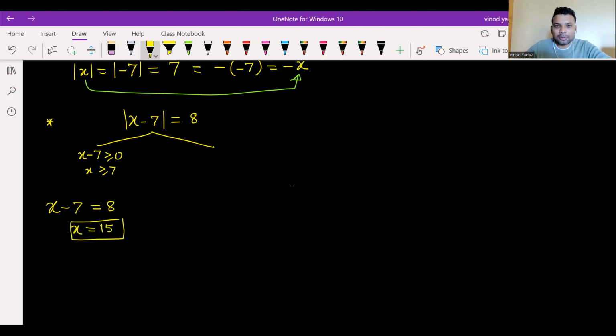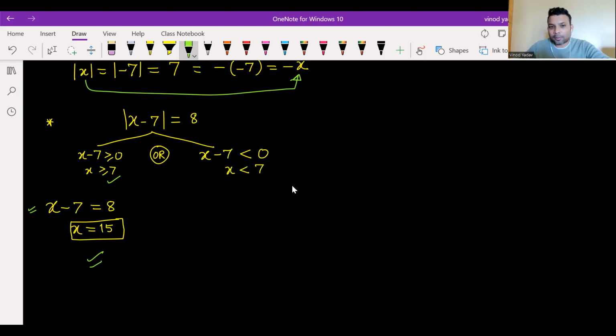Is it acceptable? Yes, it is. Now we were expecting x to be more than or equal to 7, and we got 15. This is perfectly in sync with our assumption under which we opened the mod as it is. This is perfectly fine. Second case: x minus 7 is negative, that is, we expect x to be less than 7.